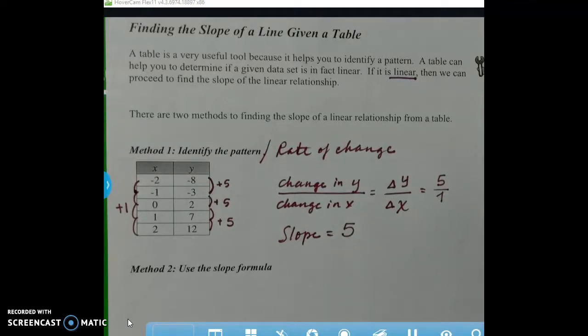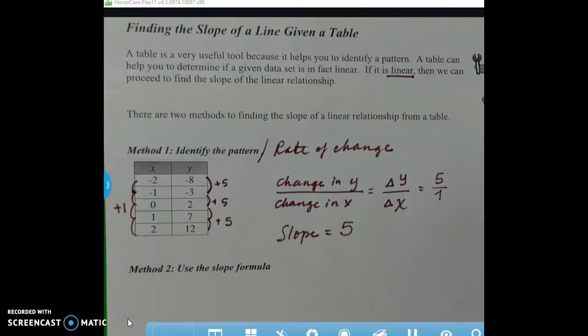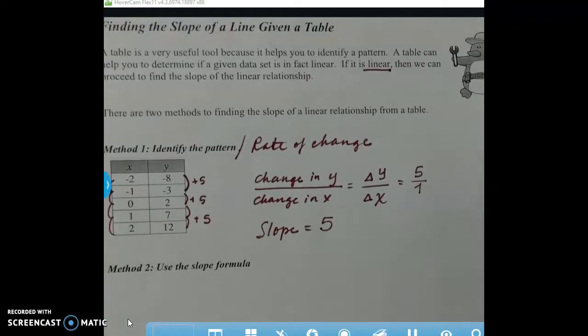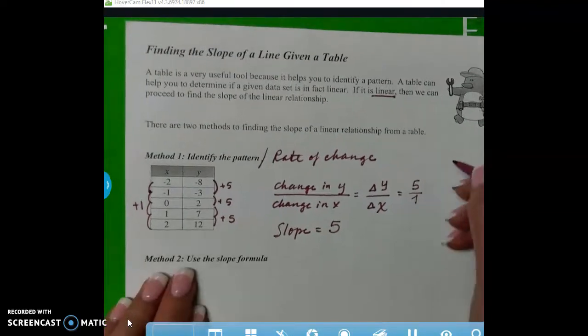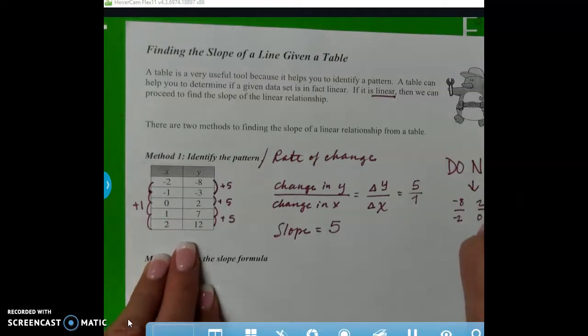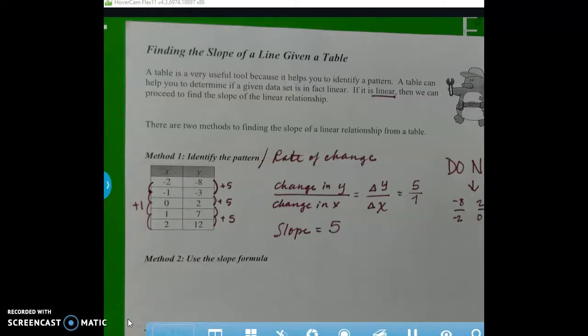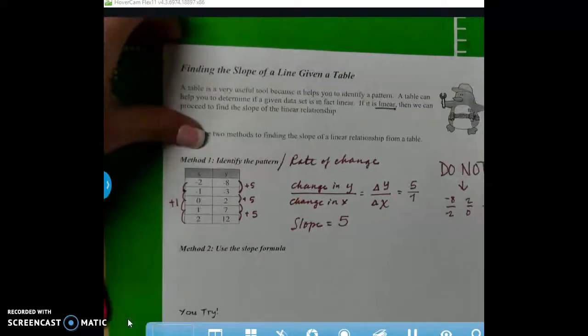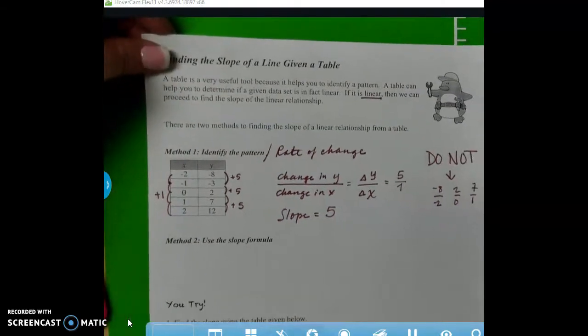So my biggest, huge request for you: do not set up the ratios like we did for constant of proportionality. So what we've done before, I'm going to say do not do -8 over -2, 2 over 0, 7 over 1. You might say, oh, no, there's no slope, there's no rate of change in here.